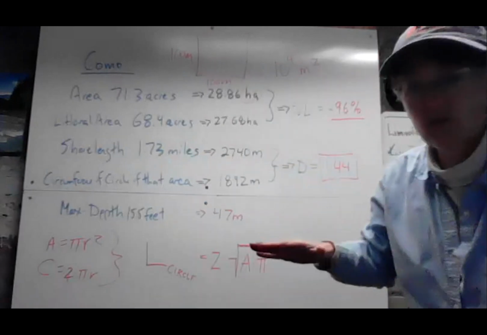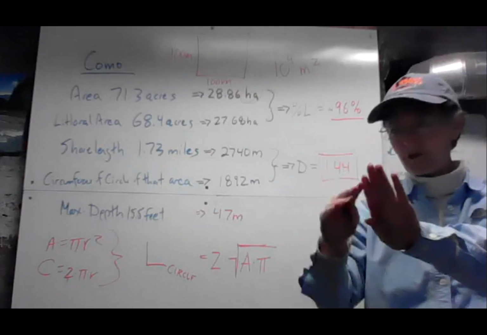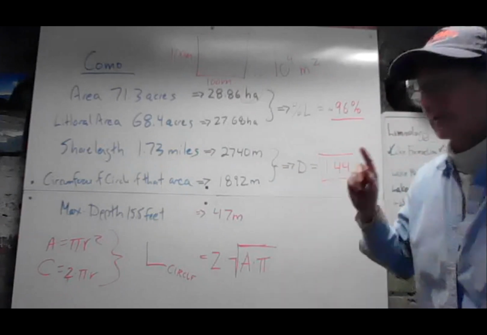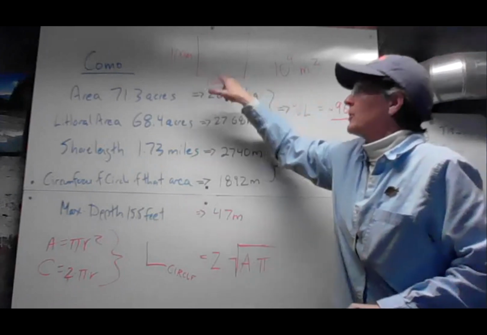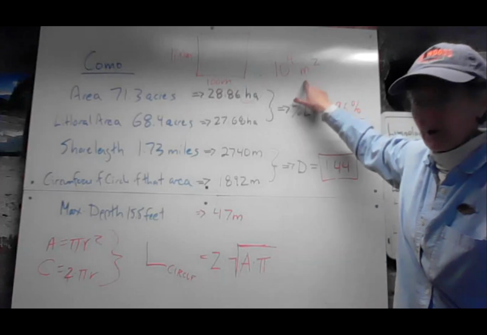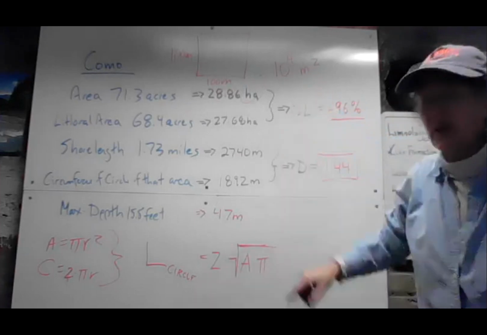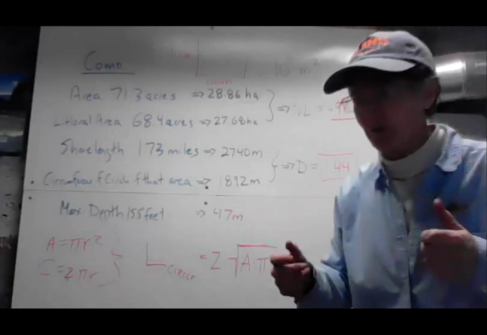It's like two soccer fields side by side, right? 100 meters by 100 meters. That's 1 hectare. So that's 10 to the fourth meters squared. And you gotta have it in meters squared, because you're coming out with meters. Otherwise, you're gonna have square roots of hectares.